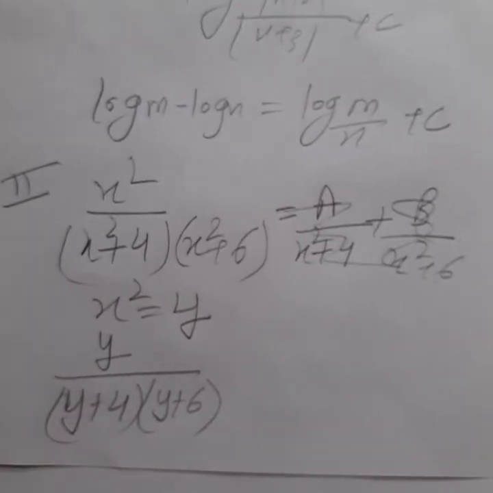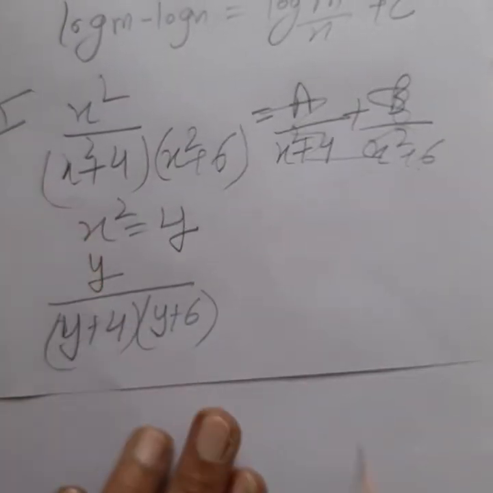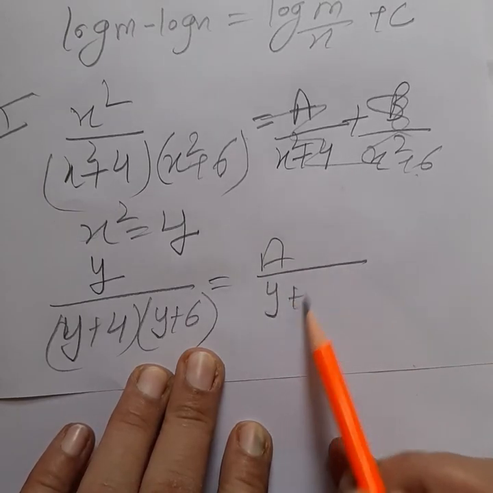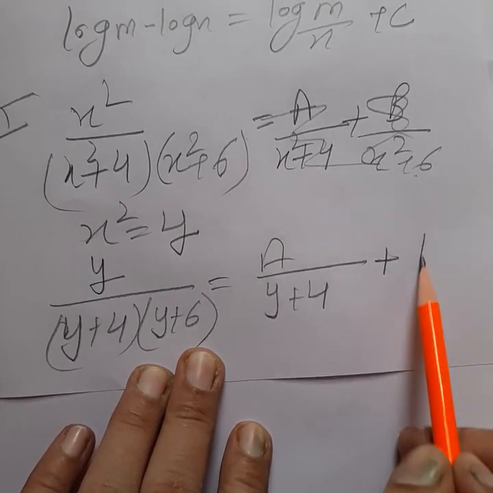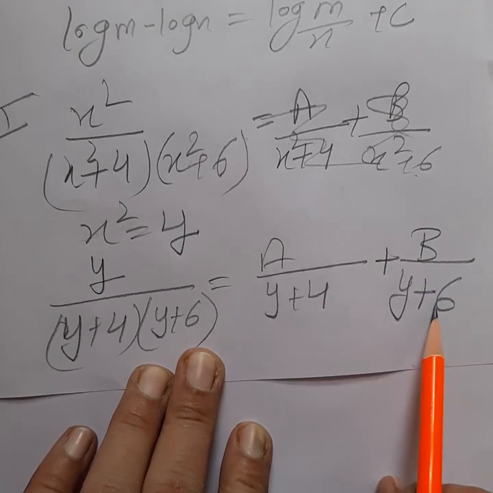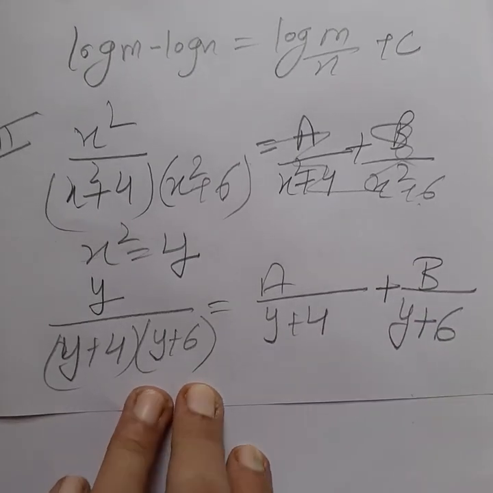Now we have to solve this equation, and to solve it we can write here a upon y plus 4 and b upon y plus 6. I repeat my step.